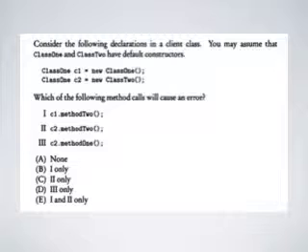That means the only method call that will cause an error is the first choice. Choice A is none, B is 1 only, C is 2 only, D is 3 only, E is 1 and 2 only. We know that obviously the answer is B.